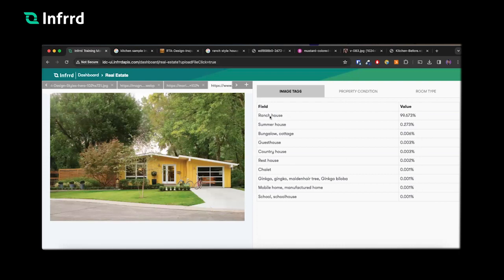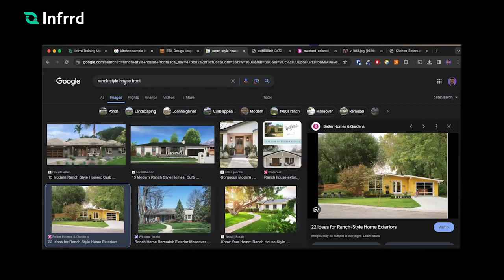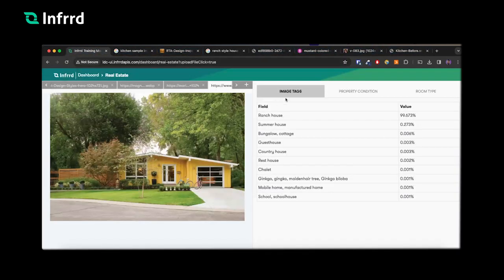I actually looked for a ranch. My keyword was ranch style house, because that's what we find in Texas, a lot of them. And if you look at the image tags, we're saying 99% probably this is a ranch house. So not only do we tell it that it's a house, we can tell the type of house image that you're running. We even picked up, I think, some bicycles.